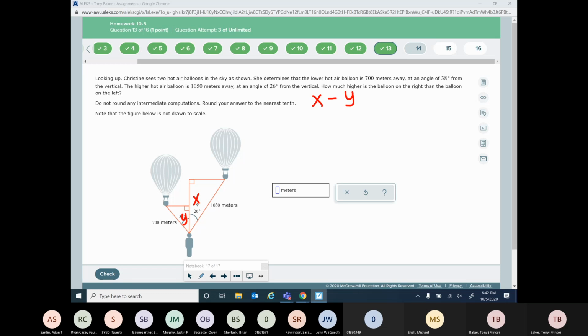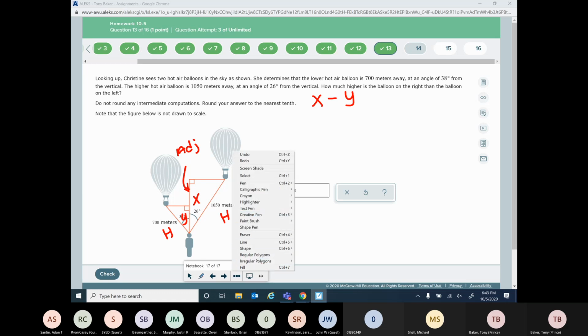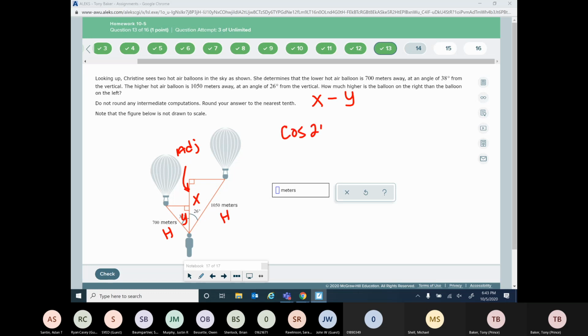So we look at it. So that side in the middle there, if we're standing there, that's going to be my adjacent side for both of them. And those are going to be my hypotenuse. So both of these are going to use cosine. So the x is cosine of 26 equals x over 1050.